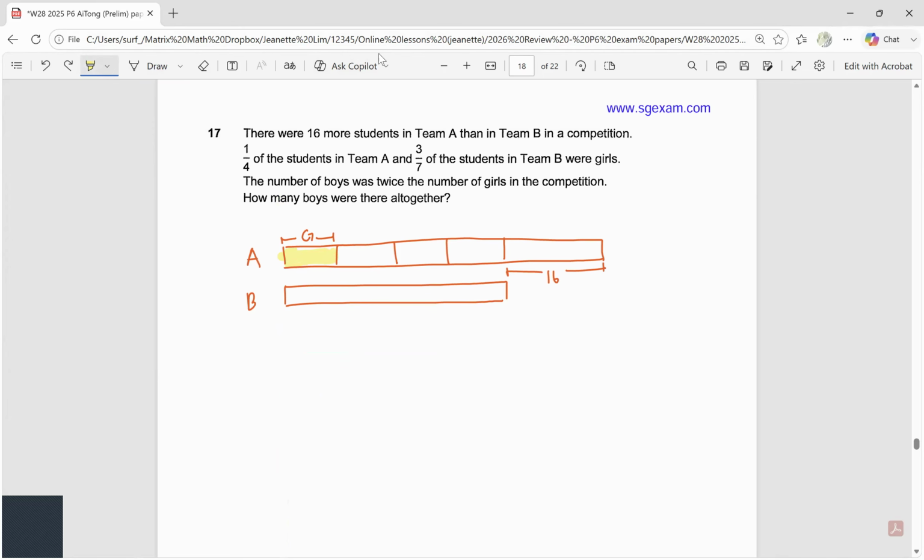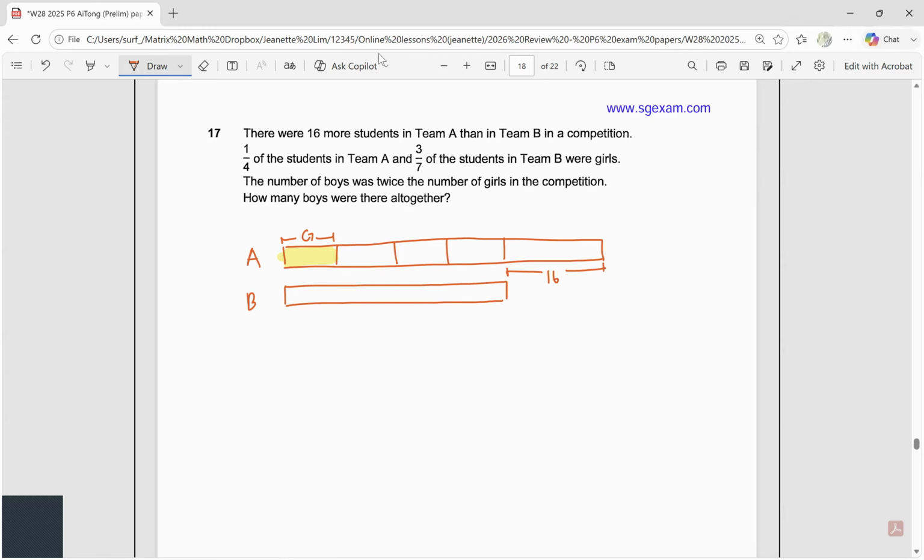1/4 for girls, right? I also need to remove 1/4 of 16. 1/4 times 16 equals 4. So this is 4. Then 16 minus 4 equals 12. So this is 12. This is for girls.